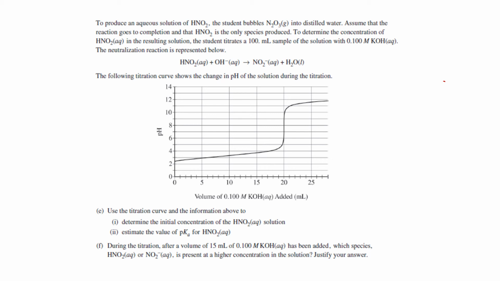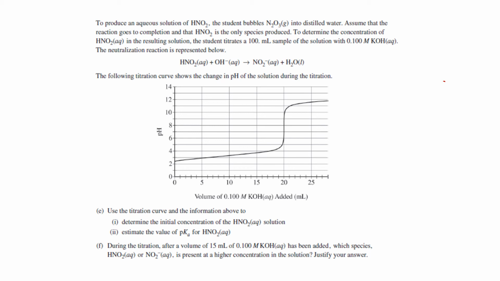To determine the concentration, the student is then going to titrate that solution with a 0.1 molar potassium hydroxide solution. And the neutralization reaction is shown below. The full problem in E, you have to use the titration curve to determine the initial concentration and to also estimate the pKa value of the nitrous acid.